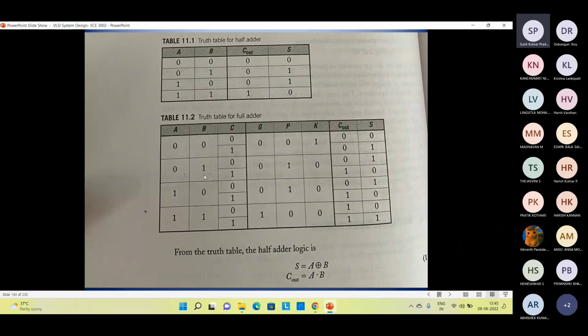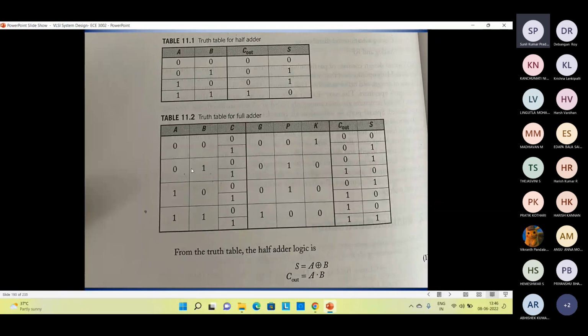Similarly, for another combination of two inputs A and B, if we take 0 and 1, and the C input is 0, our generate will be 0, propagate will be 1, kill will be 0, then our C out will be 0 and sum will be 1.